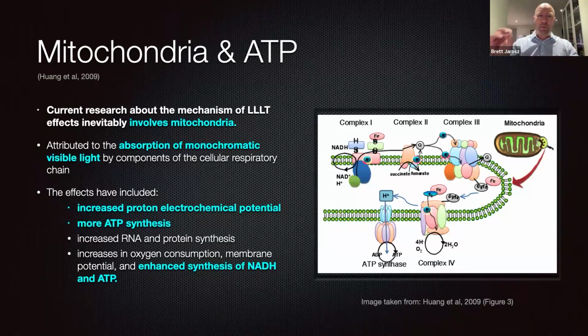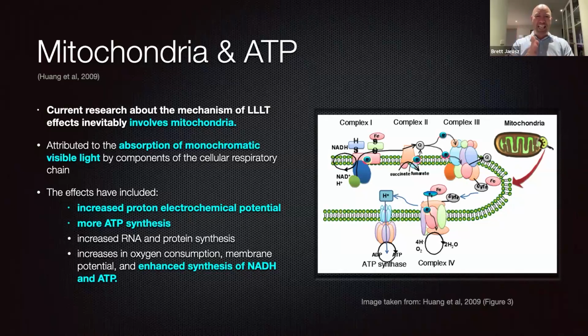When we can get that absorption into those different complexes within the mitochondria, we start to see increased proton electrochemical gradient, more ATP synthesis. So we can see there RNA, protein synthesis, oxygen consumption, membrane potential, enhanced synthesis of NADH and ATP. But let's really keep it simple. I need to absorb the light.